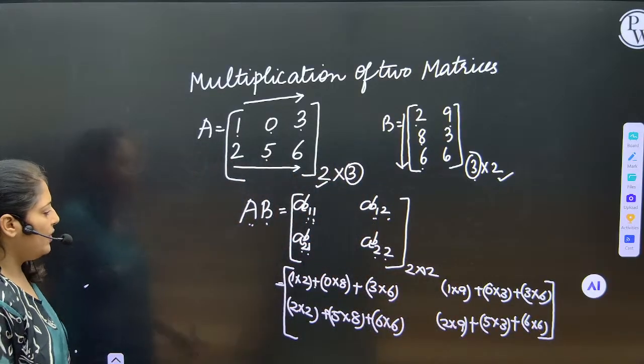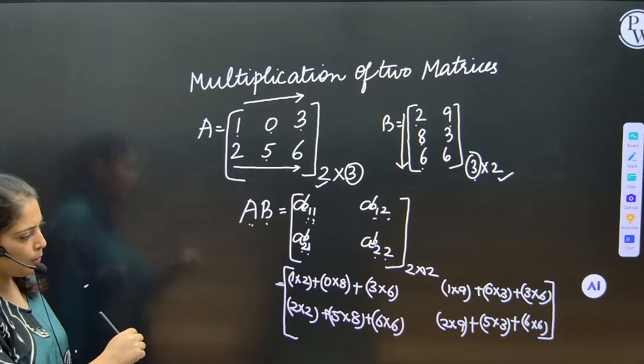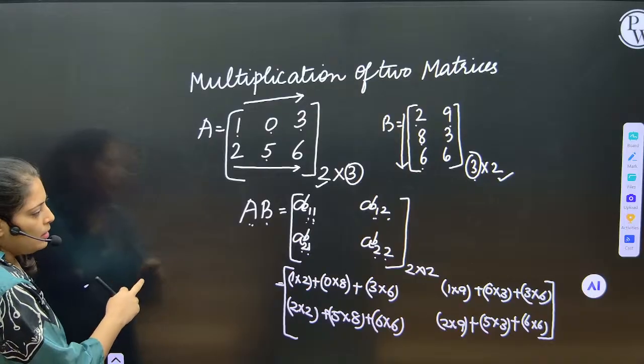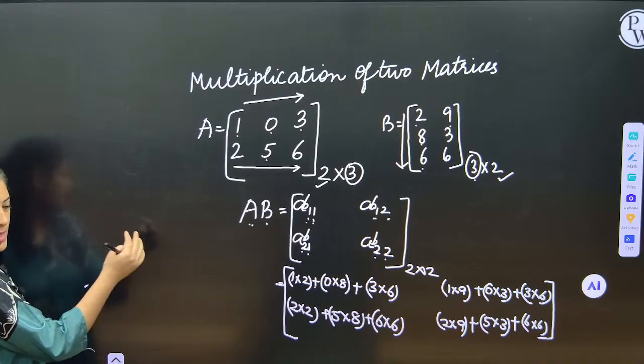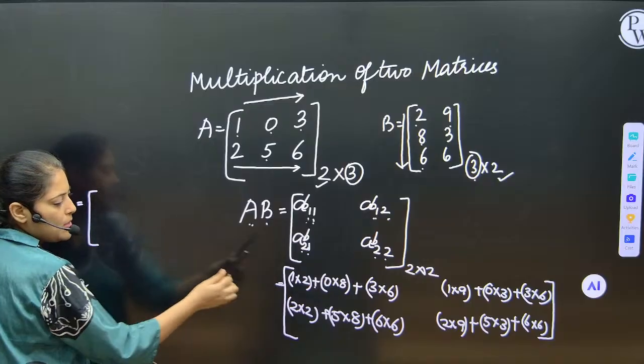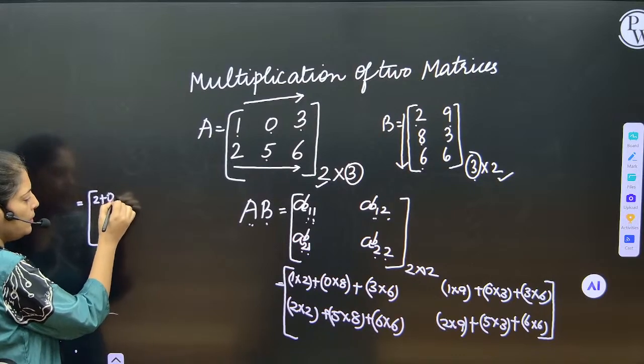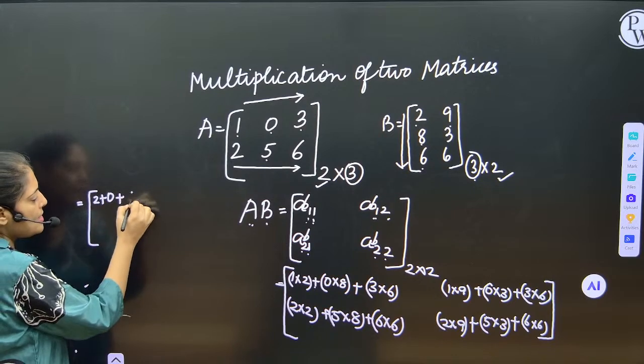Now I can have the next page also, but I don't want to, because we have to see these calculations now, so I'm writing it here. 1 2 is a 2, 0 8 is a 0, 3 6 is a 18.